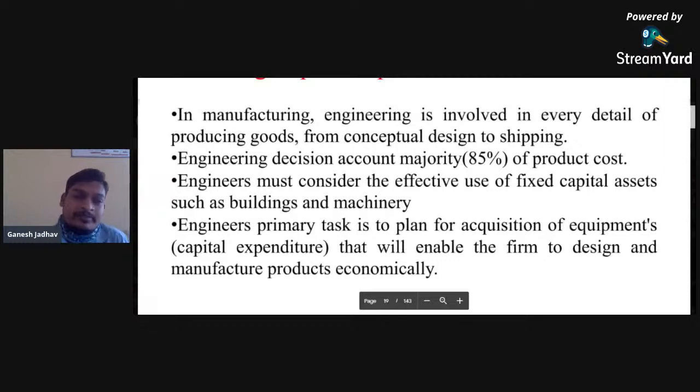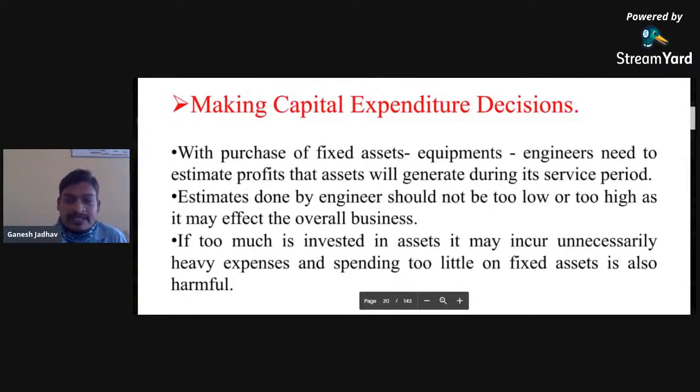When purchasing fixed asset equipment, the engineer needs to estimate the profit that the asset will generate during its service period. Whenever an engineer takes a decision about equipment, the estimate should not be too low or too high, as it may affect the overall business.